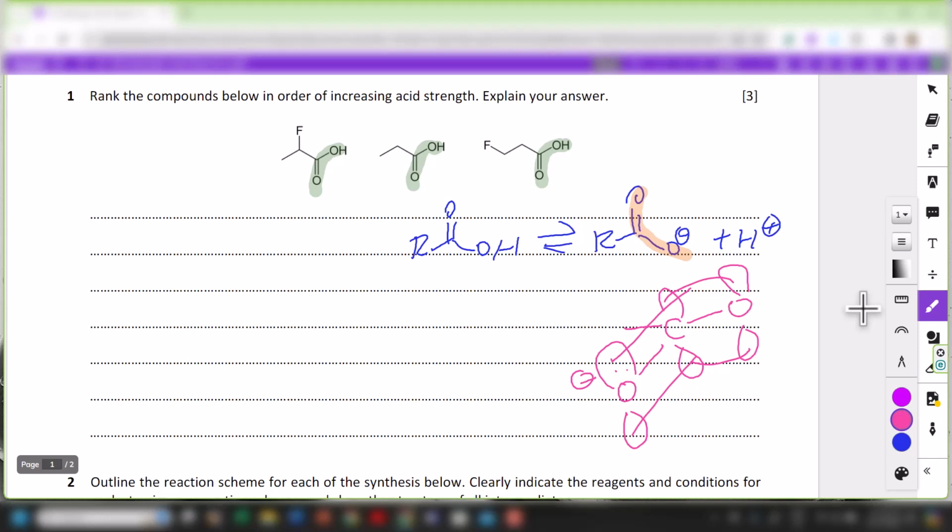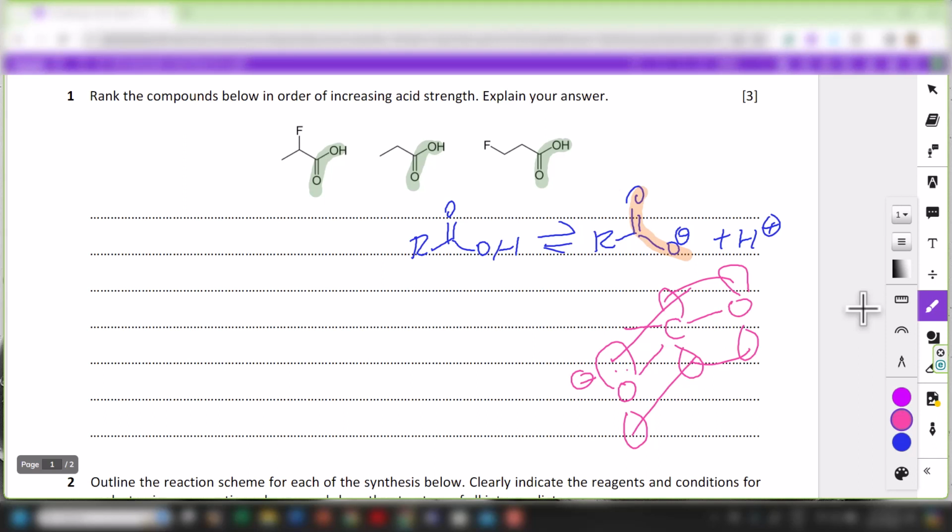Because the carboxylate anion is symmetrical, we normally say that the negative charge is delocalized equally between the two oxygens. In essence, each oxygen takes on a negative half charge.